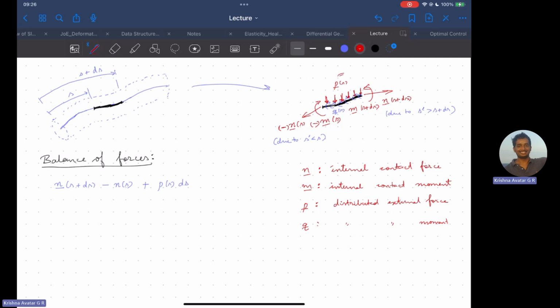Here we can say that it is constant over the interval s to s plus ds. And this will lead us to a value of zero vector, because there is nothing more apart from that.